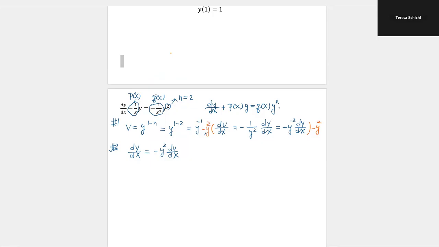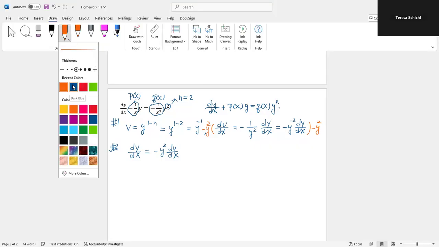So the left-hand side will be dv dx times negative y squared. And on the other side, because this is a positive y to the negative 2 times negative y squared, it cancels, so dy dx is equal to negative y squared dv dx here. Okay, so now let's go back to what we did here.